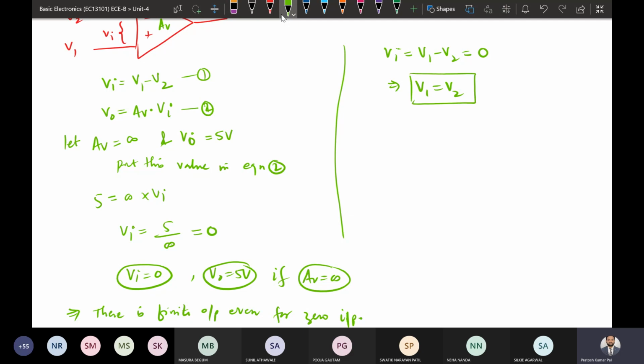So if we make V1 equal to V2 in the case of an ideal operational amplifier, the output in that case also will be some finite value.